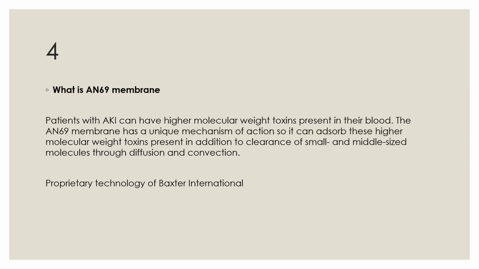What is AN69 membrane? The AN69 membrane is polyacrylonitrile membrane which has a unique mechanism of action, so it can adsorb higher molecular weight toxins present in blood in addition to small and middle sized molecules clearance through diffusion and convection.